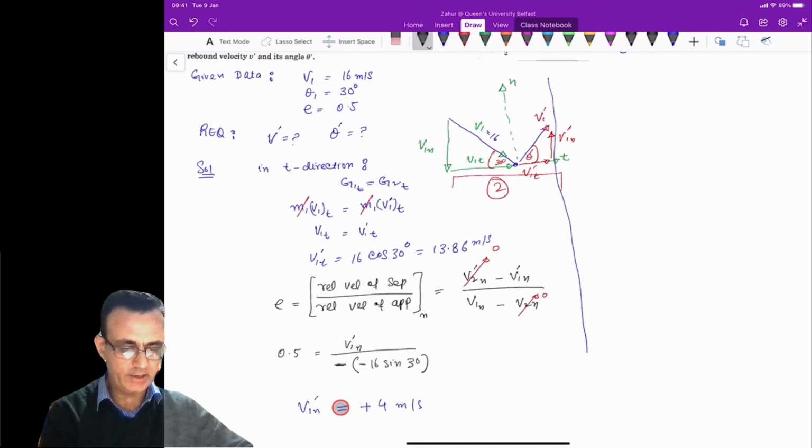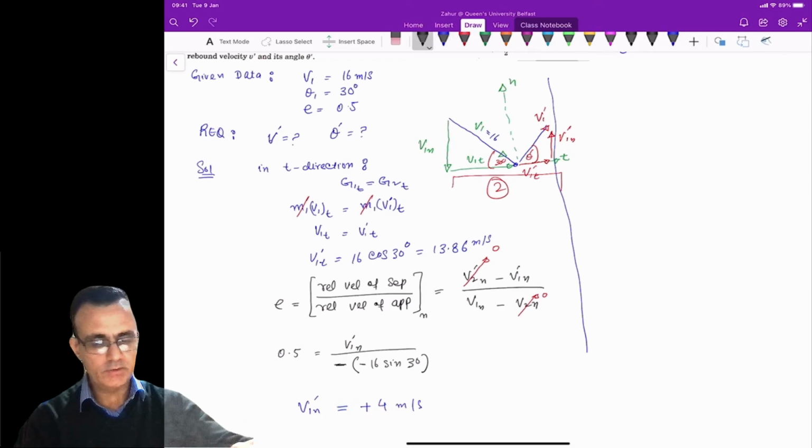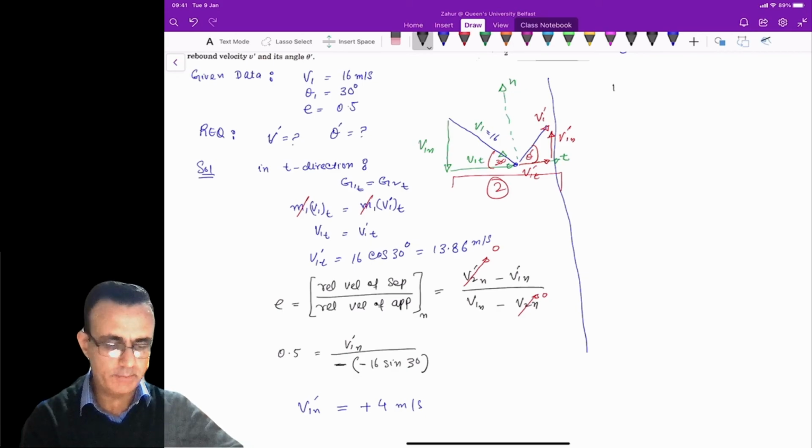Now from these two values we can calculate the magnitude of v dash. v dash is equal to the square root of v1 dash t squared plus v1 dash n squared, and from here you will get 14.42 meters per second.